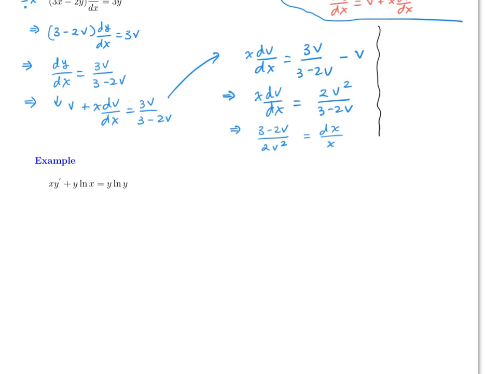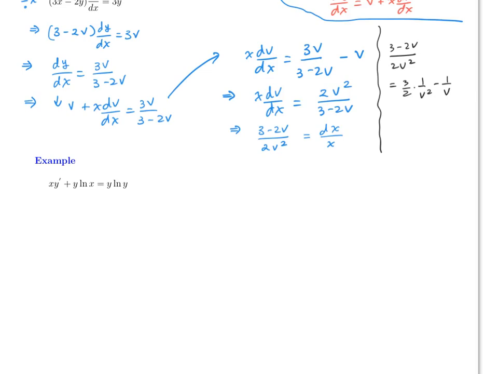Again, notice the (3 minus 2v) over 2v squared, and this is just basic algebra. This is equal to 3/2 times 1 over v squared minus just 1 over v.